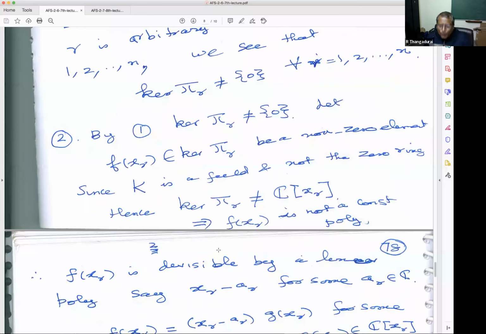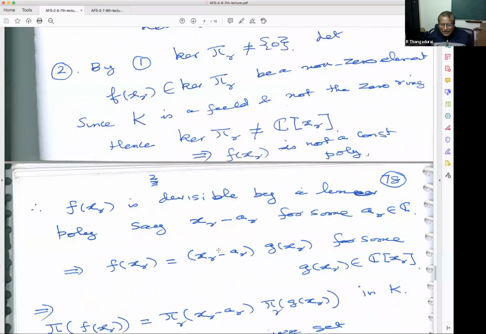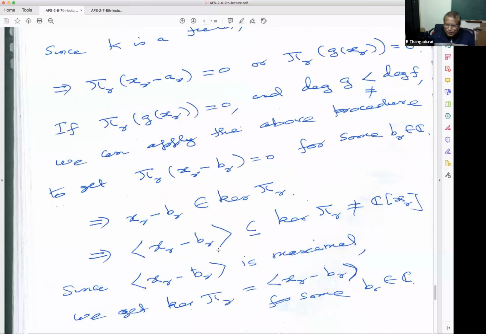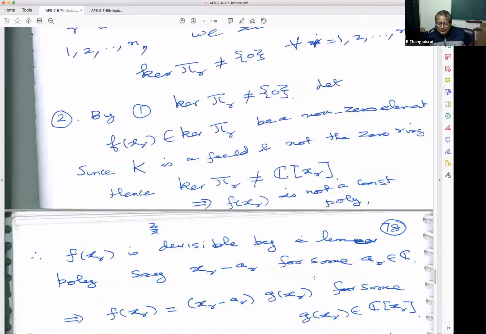So once we prove kernel pi r is a maximal ideal, by the same theorem, we are giving an explicit proof that it is generated by a single linear factor. This is true for every r equal to 1, 2, 3 up to n, because r is an arbitrary index.